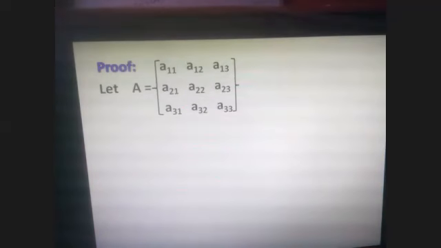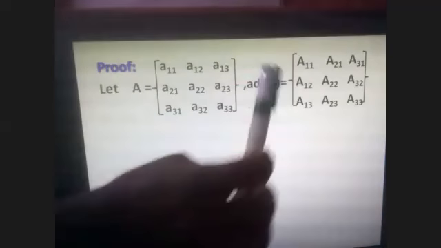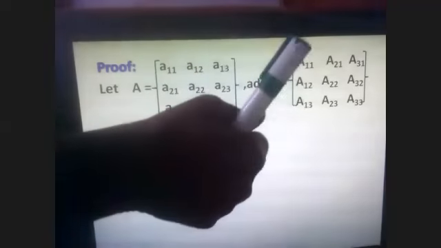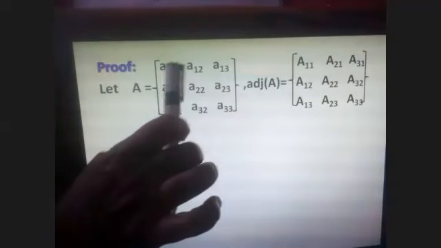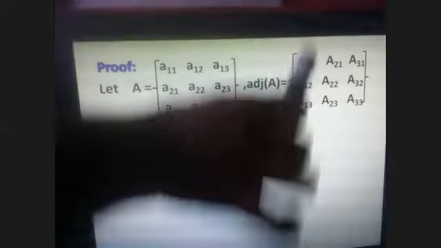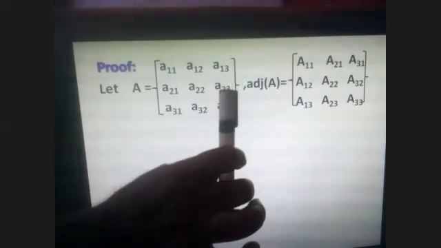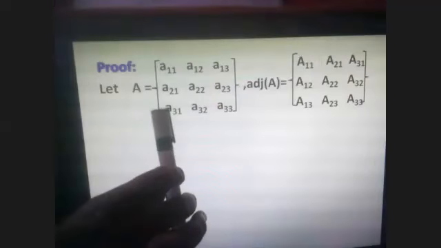Look at, you have the matrix A and its adjoint. Adjoint is the transpose of cofactor matrix A11, A12, A13. The cofactor of that will come in the first column because we are taking the transpose. A21, A22, A23. The transpose of that comes here. A31, A32, A33.